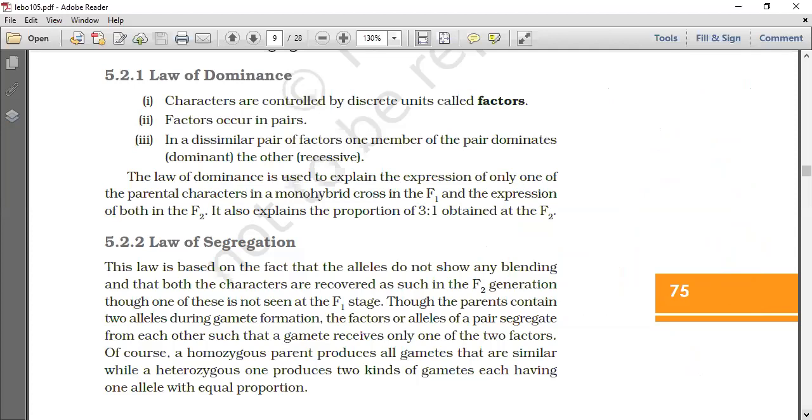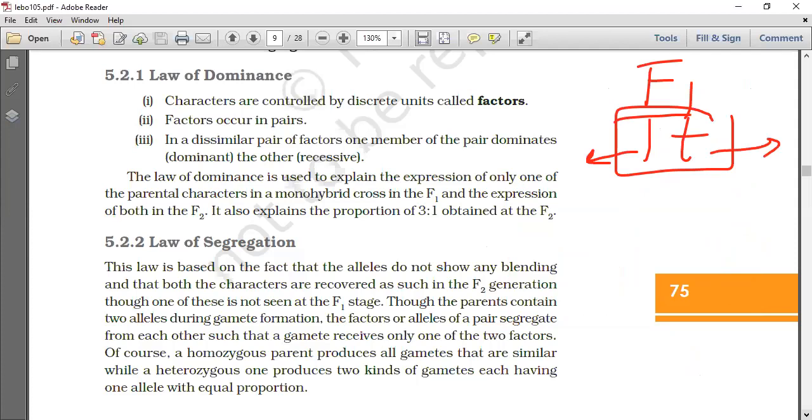Law of segregation. This law is based on the fact that alleles do not show any blending. Blending, what I mean is influence, so both characters are recovered as such in the F2 generation. One of these is not seen in the F1 stage. In F1 we got a tall plant, and according to the law of dominance, capital T is the dominant allele and small t is the recessive allele.